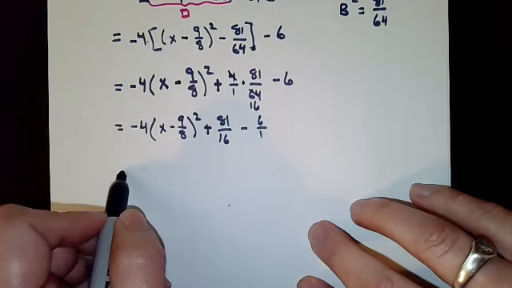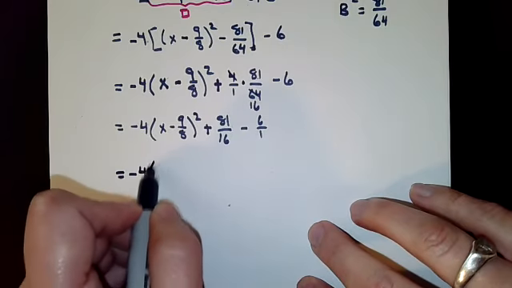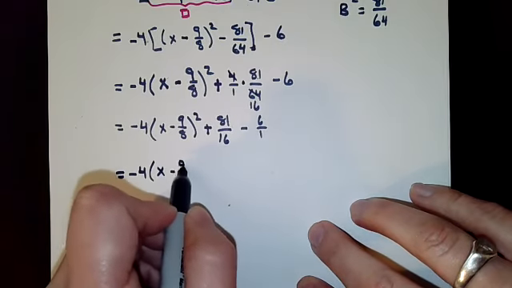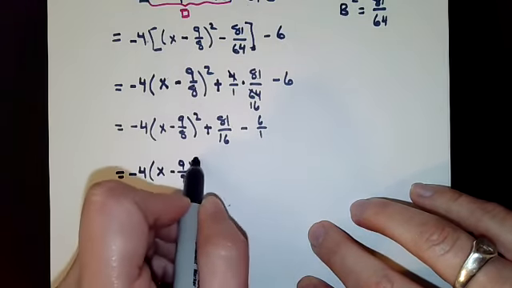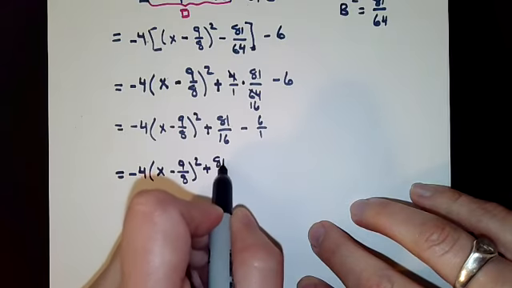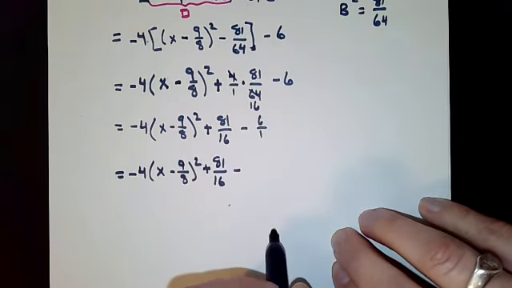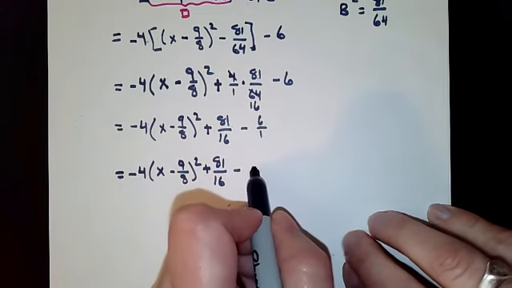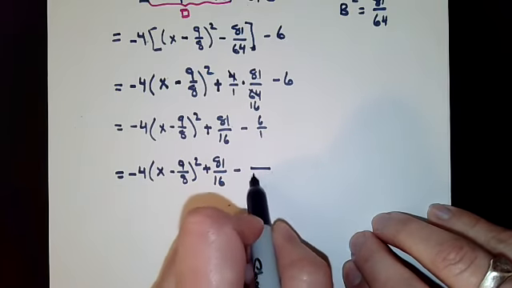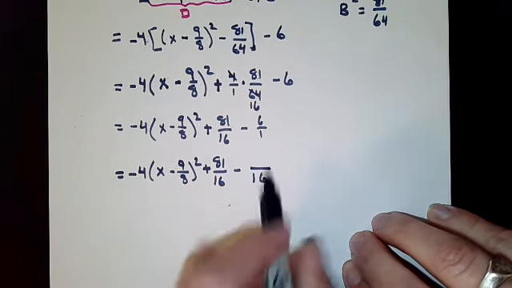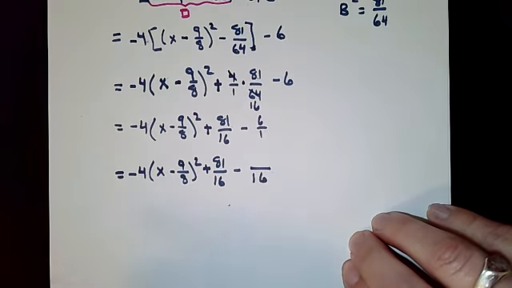All right, so just a little bit of fun with the fractions. We need to convert the 6/1 into a fraction with a denominator of 16. So the numerator is going to have to be 6 times 16. So that's what? 6 times 10 is 60, 36, 96.